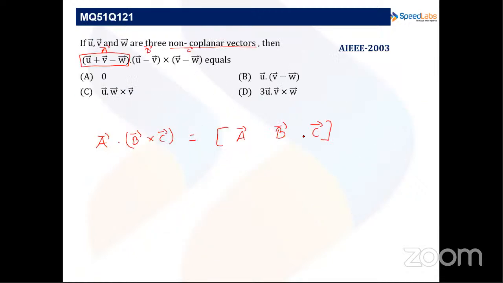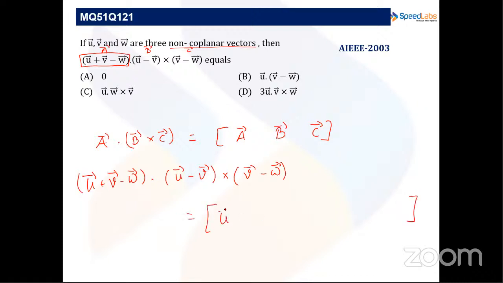Okay. So we have U plus V minus W dot U minus V cross V minus W. It can be written as the determinant of U plus V minus W, U minus V, and V minus W. So what were the basic properties of determinants?